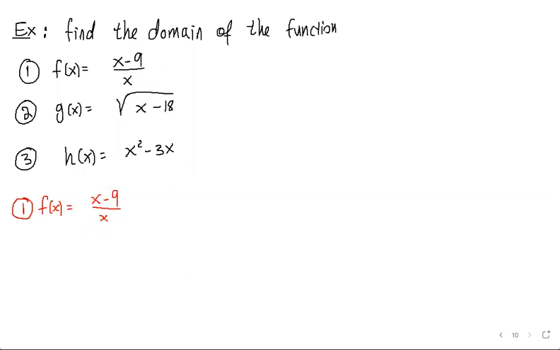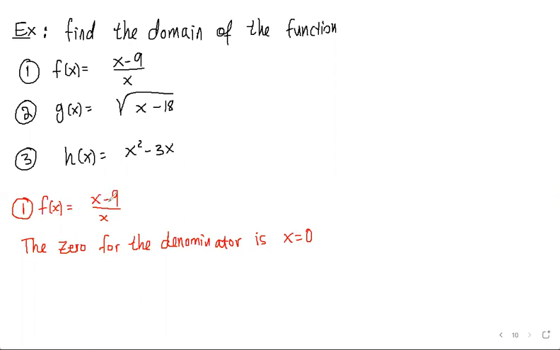So we're looking for the 0 of the denominator, and we remove it from the domain. Okay? So the 0 for the denominator is x equals 0. So we have to remove this point, because if we keep this point, it gives me the function undefined. Why?